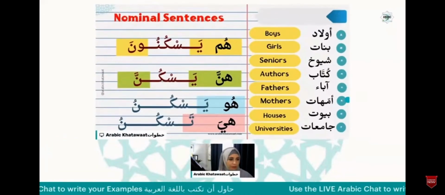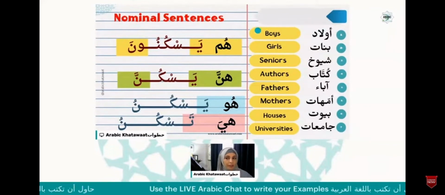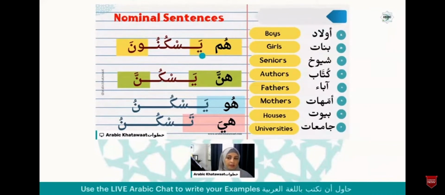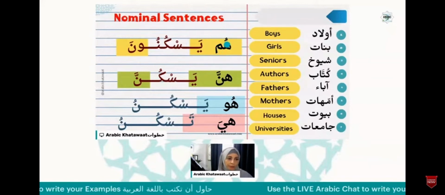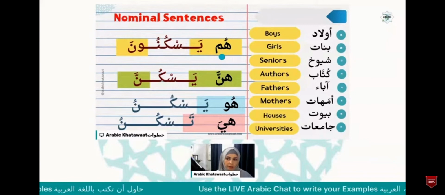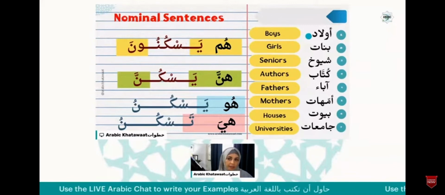I think most of you got that part. We learn أولاد and ولد because, like you said, we have to agree with the gender. So if we're saying hum, that's a subject pronoun, I could replace hum with أولاد.